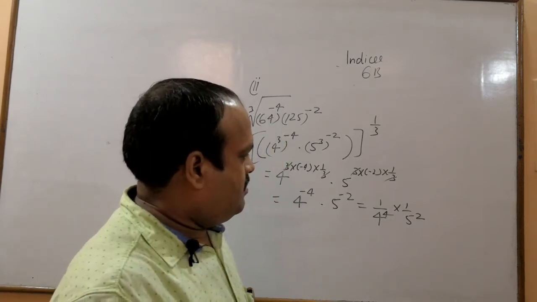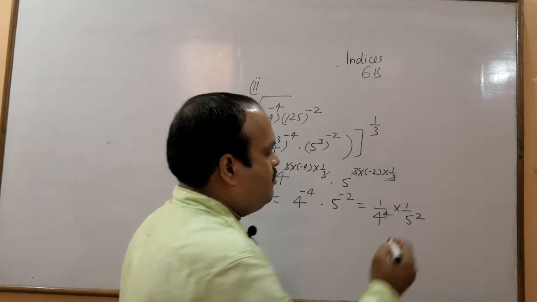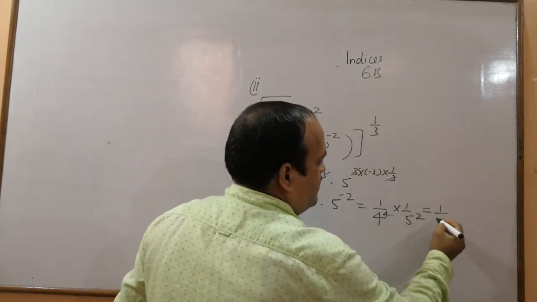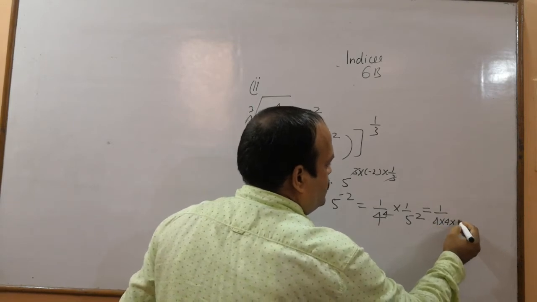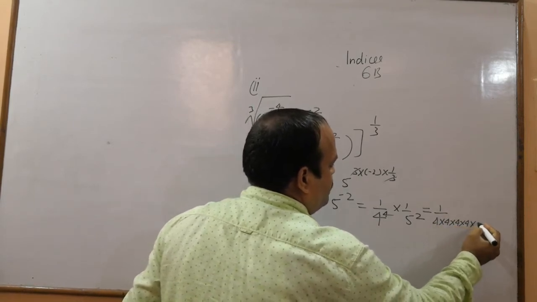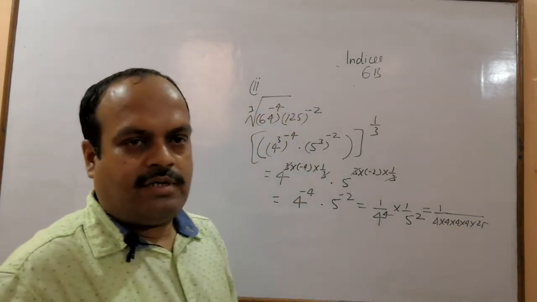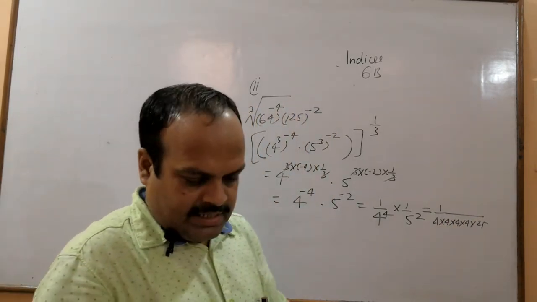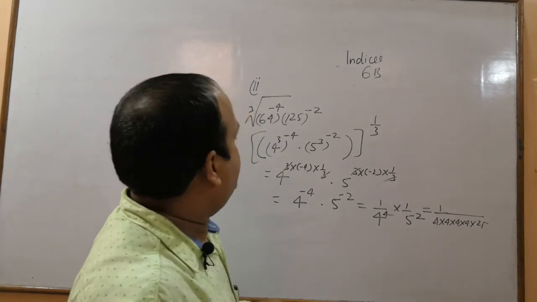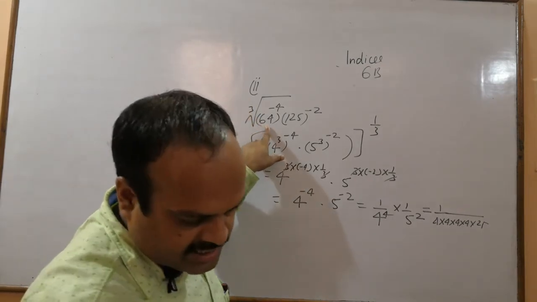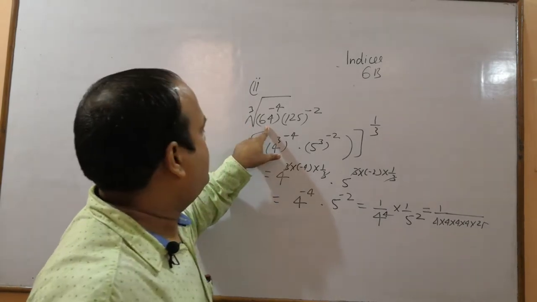So 4 to the power 4 is 4 into 4 into 4 into 4, and 5 into 5 is 25. Correct? Let me see. This is 4 cube, 64.